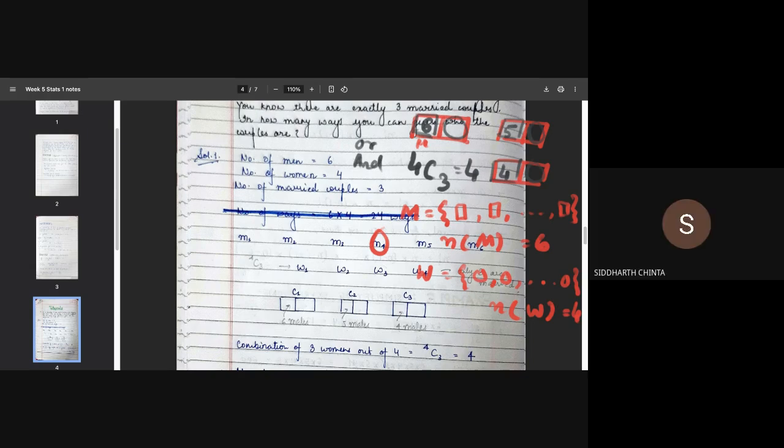Sir, it should be and. It should be and. So if it is and, then what principle of counting should we be following? Multiplication or addition? Multiplication. Exactly.